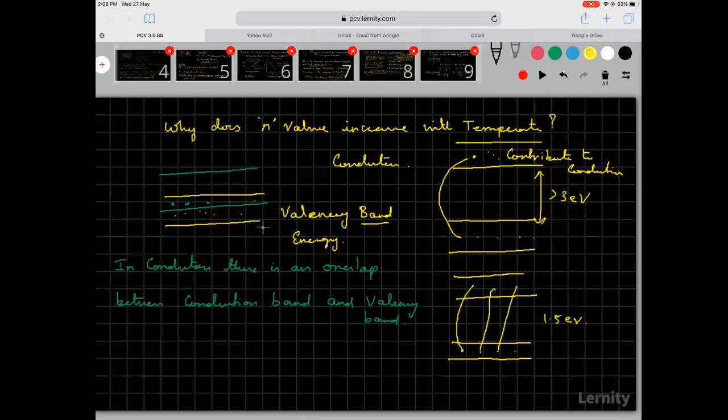In metals or conductors, there's already an overlap, so by changing temperature, not many will go. In insulators, there is an energy gap. Okay, now when you supply it with energy, more of these electrons go from here to there.